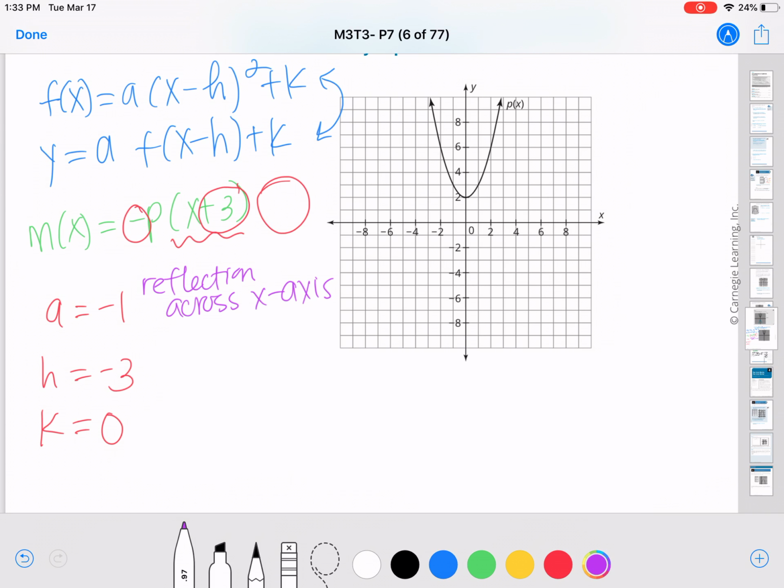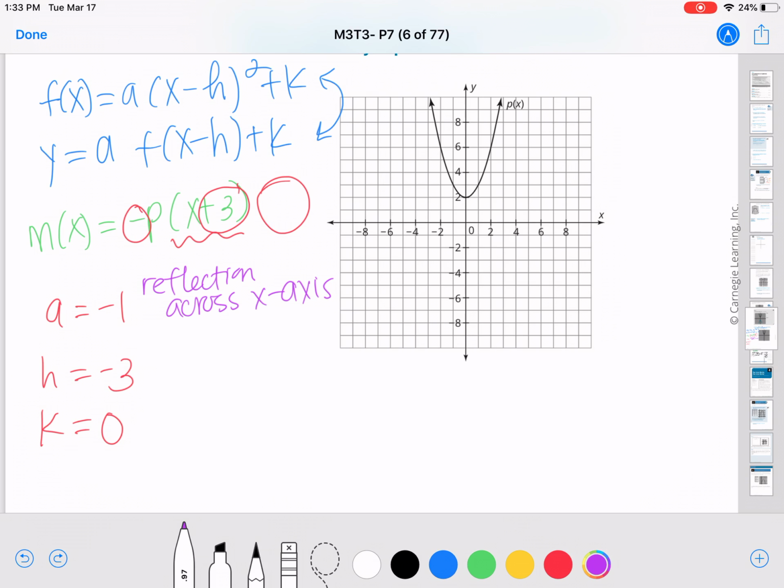If the number was something like negative 2 or negative 5, on top of reflecting, it's also stretching. And if it was a number like 1/2 or 0.2, a number smaller than 1, it would be a compression. But because it's just 1, it doesn't change the size. It's not going to dilate the function. Instead, it's just going to reflect the function.